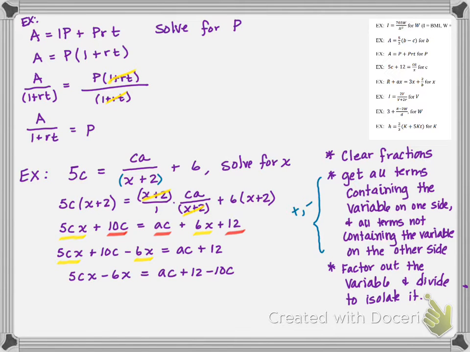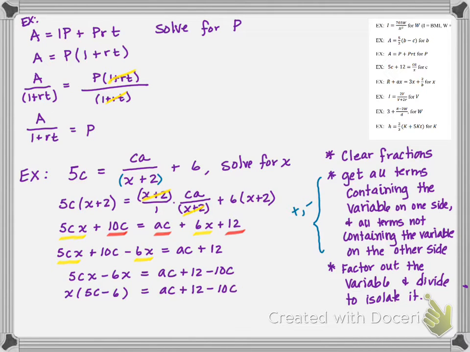And now that I've accomplished that, I can factor an x out on the left. And at this point, I really don't care at all what's going on the right. As long as there's no x over there, it can be as ugly as we want it to be.